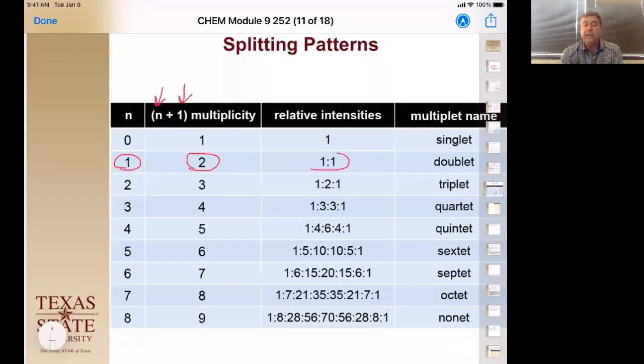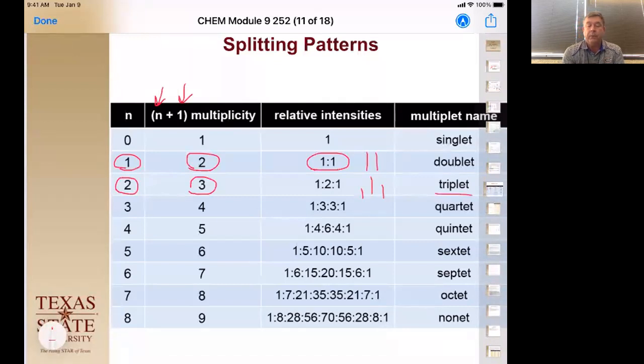The relative intensity is going to be a doublet where they're equal heights. You're going to have a doublet, 2 peaks, and they're going to be equal heights. If you have 2 hydrogens, that's going to give you a total of 3 peaks, but it's going to look like this: 1, 2, 1. And it's going to be a triplet.